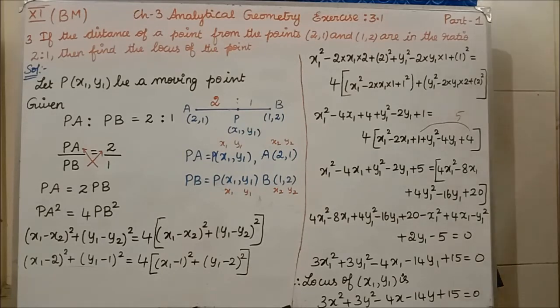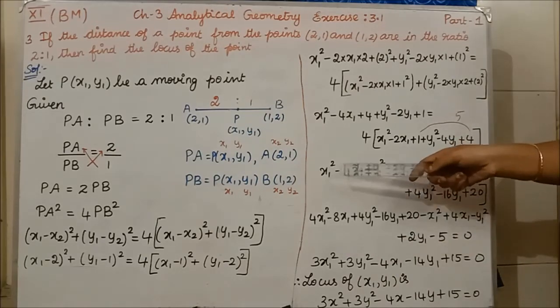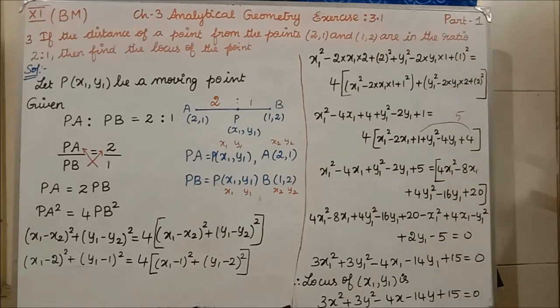Clear? Next step: we have 4x1 square on the right side, which I keep as such. I am going to take the left-hand side part to the right-hand side, so the signs will change: positive becomes negative and negative becomes positive.